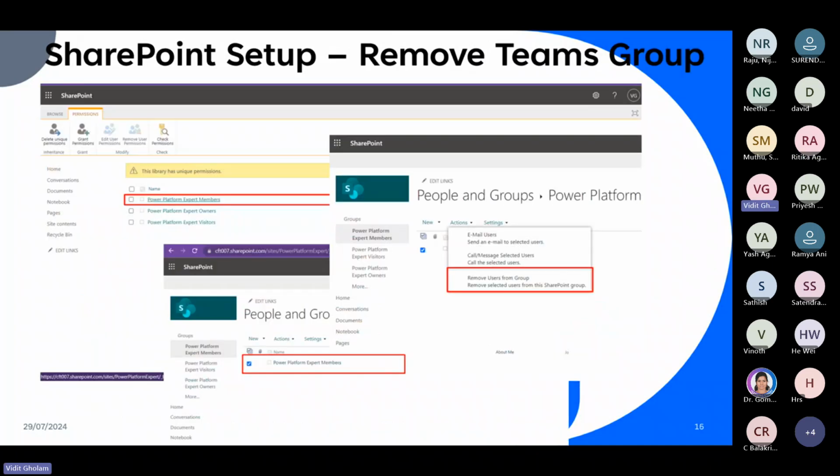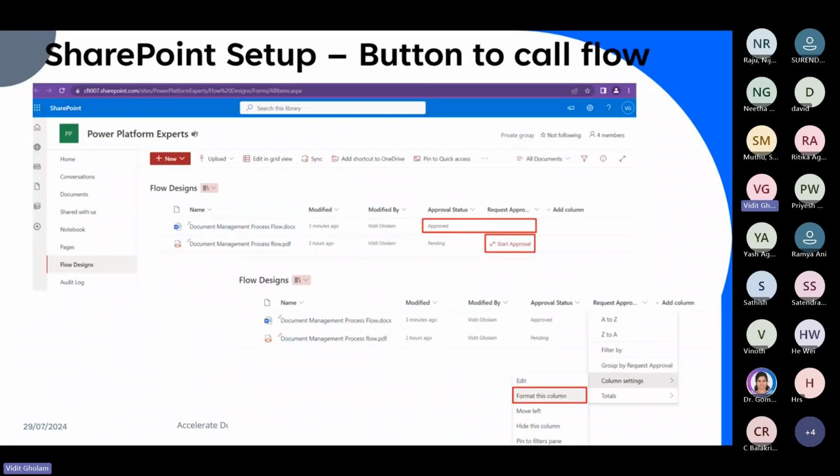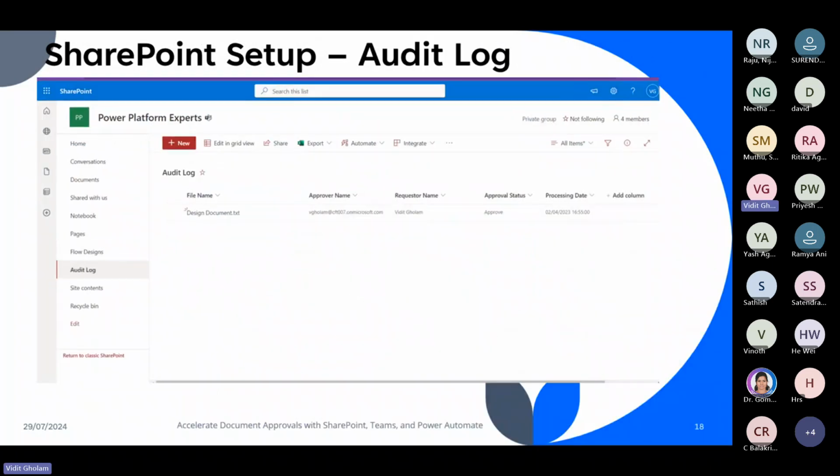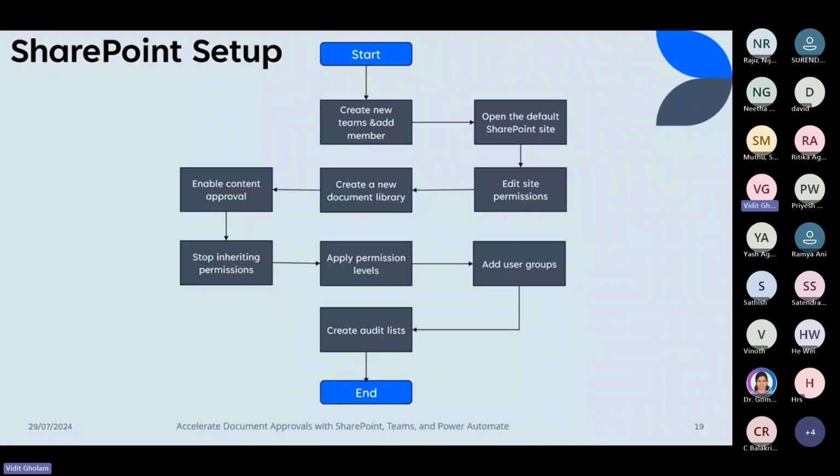The next step is to add users within each of the groups within our SharePoint. So these are some of the steps that we need to do. This is the process flow that we will follow. The process starts. We'll create a team site. We'll add members. We'll open the default SharePoint site. We'll edit the permissions.